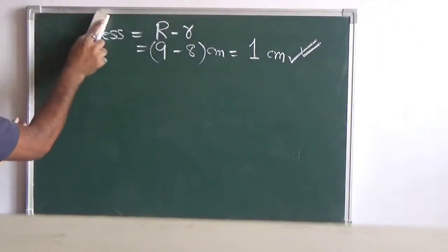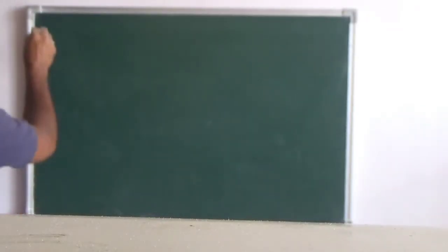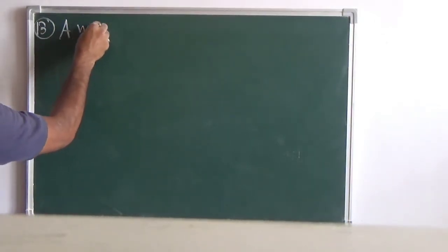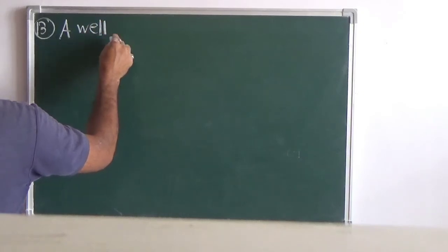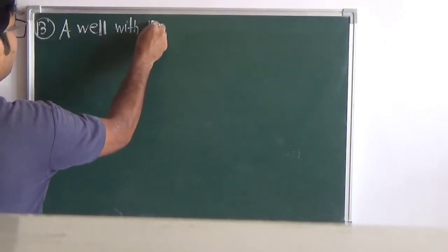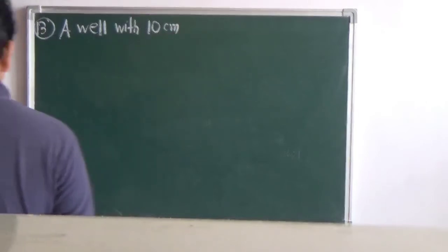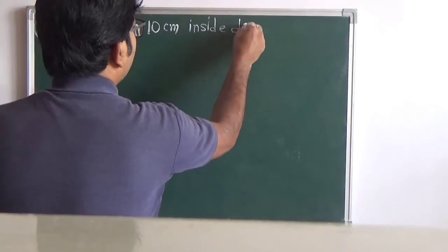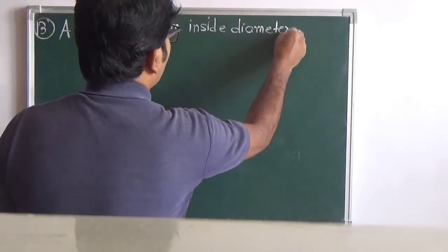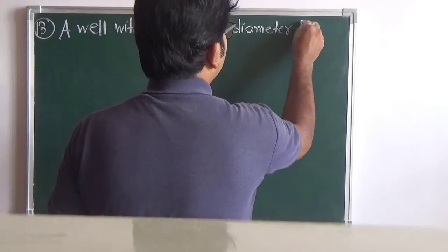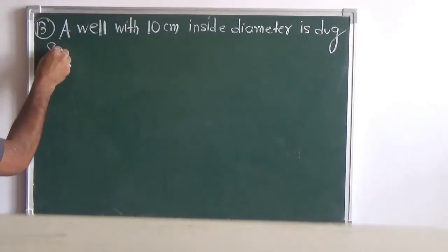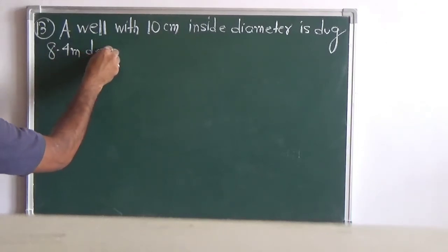So now we'll move on to the next question. The next question is: a well with 10 centimeter inside diameter is dug 8.4 meters deep.